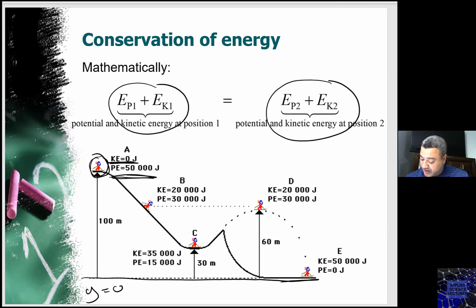It has 50 kJ as potential energy. Once it slides, the kinetic energy increases and the gravitational potential energy decreases till it reaches this point, and then it continues till it reaches the ground. At the ground, right before it hits the ground, the potential energy becomes 0, and the kinetic energy would be maximum.